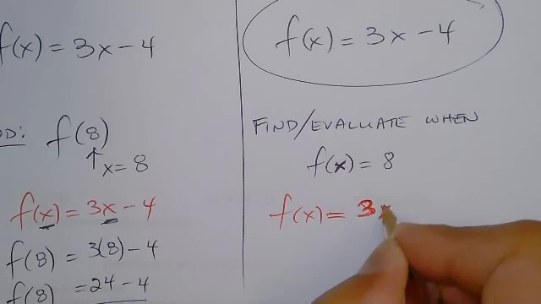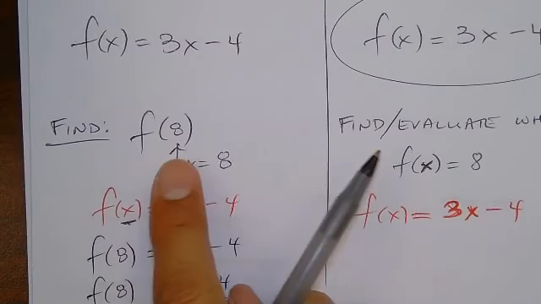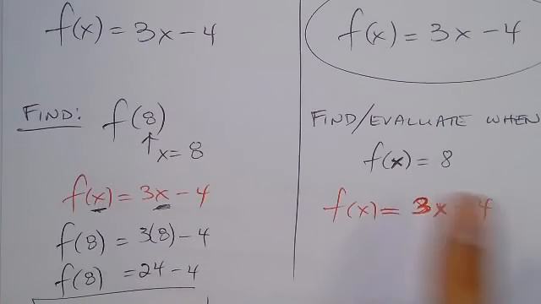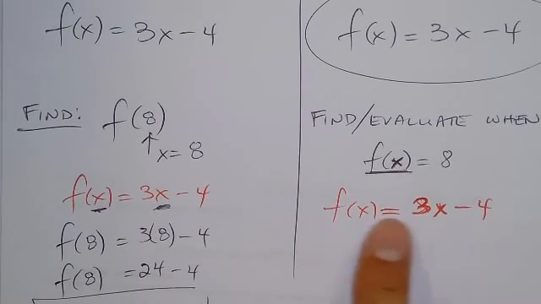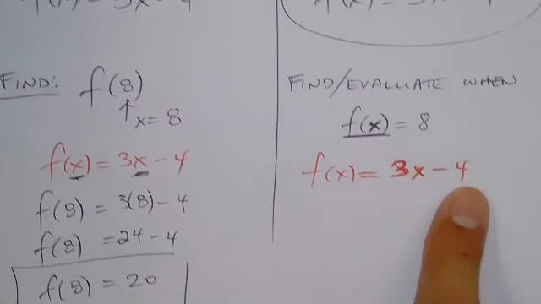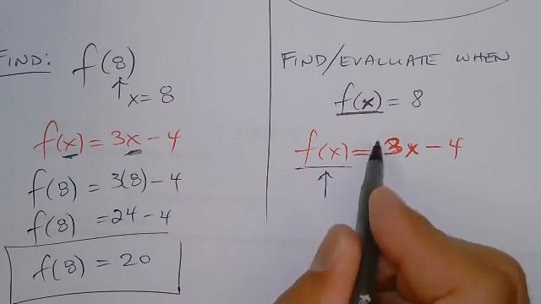No. This is the function, yes? Okay, I'm going to write it again right here. What does that say? Does that say that the x is 8? No, that would be this one, remember?